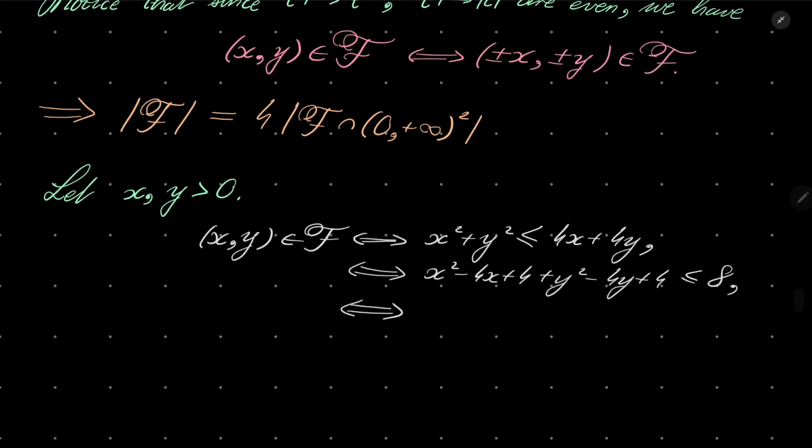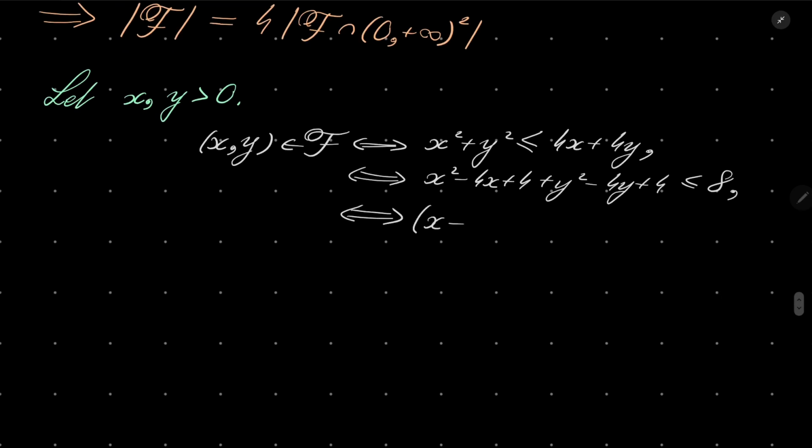That is equivalent to saying that (x minus 2) squared plus (y minus 2) squared is less than or equal to, well, 8 is 2 square root of 2 squared. So it's an equation of a circle with center (2, 2) and with radius 2 square root of 2.